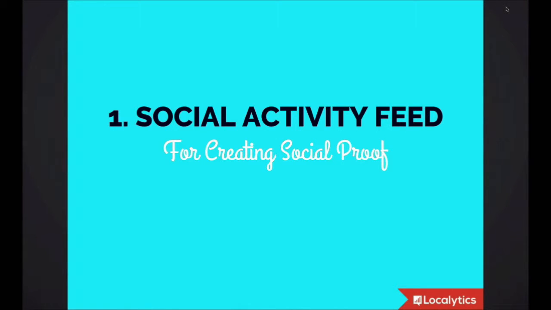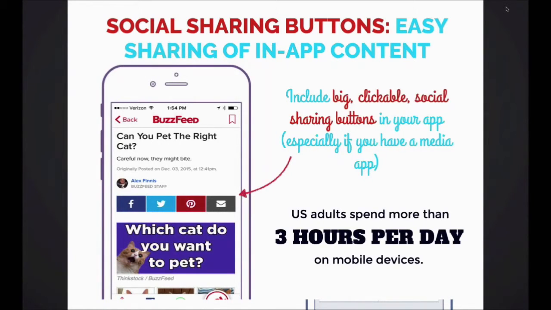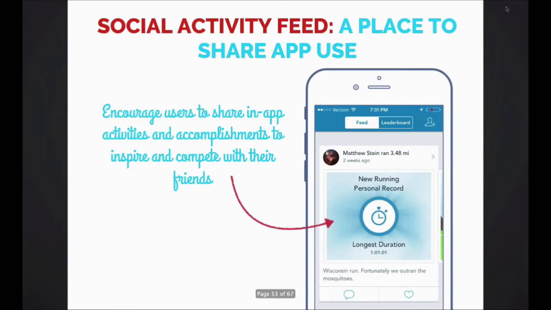First, let's talk a little bit about making sure that you're making it really easy for people to socially share what they're experiencing with your app. This is fantastic for media companies and content companies and sites that tend to get a lot of sharing. This is a great way to amplify that. If somebody's engaging with a specific piece of content, make sure that you use big, clickable social sharing buttons.